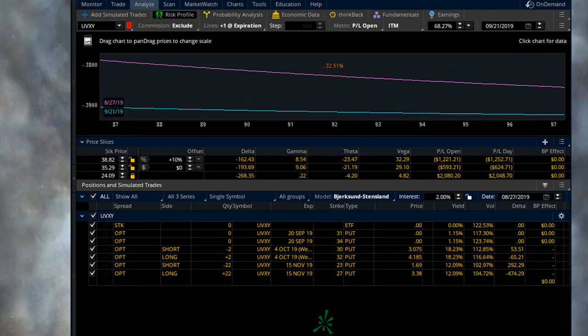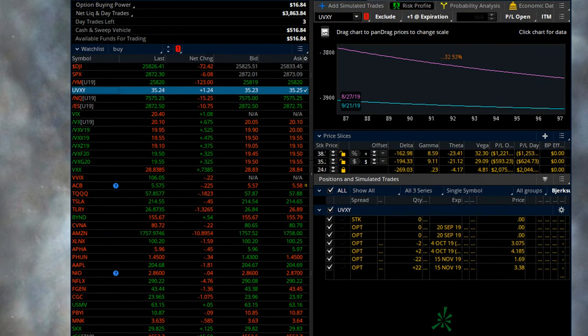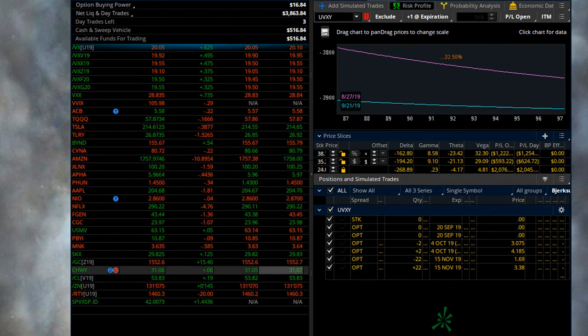The name of this particular index, and you can pull this up in the prospectus for UVXY, but just to save you time, is SPVXSP.ID. And that's a mouthful.